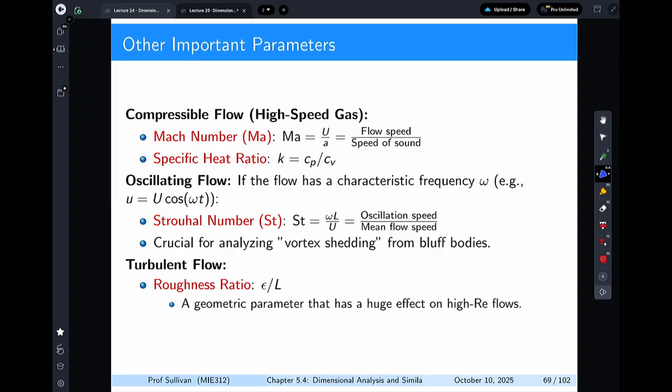One of the important parameters is Strouhal number, which is the vortex shedding off of a wing as flow goes by. So you have a flow, and what you see, and this is over years of experiments, not just mine, but many, is rotating regions of fluid.